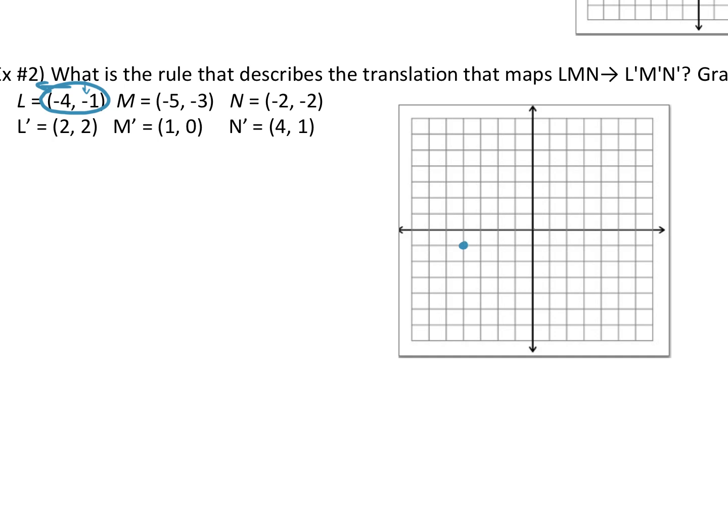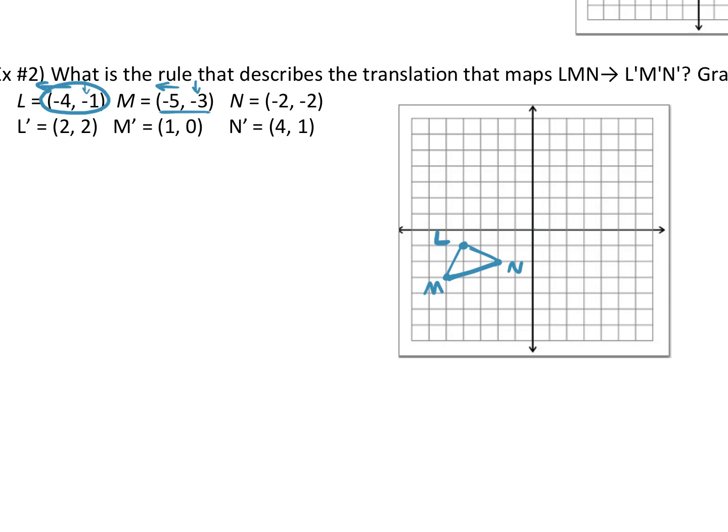Call that L. Then point M goes 5 to the left, 3 down. 1, 2, 3, 4, 5, 1, 2, 3 is M. And then N is 2 to the left, 2 down. Good. Okay, so there's LMN.